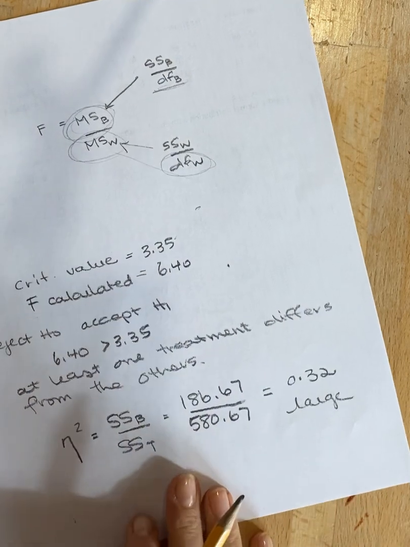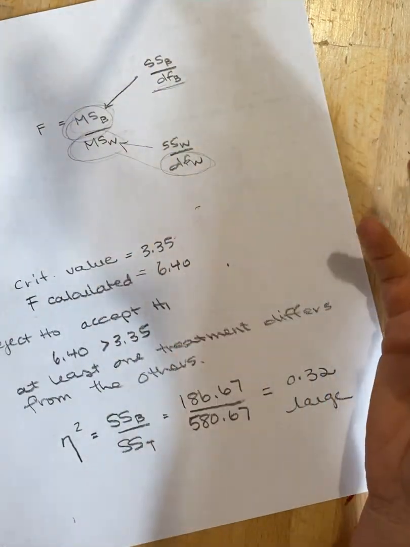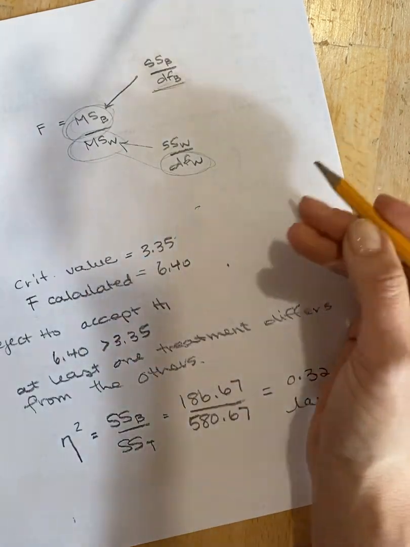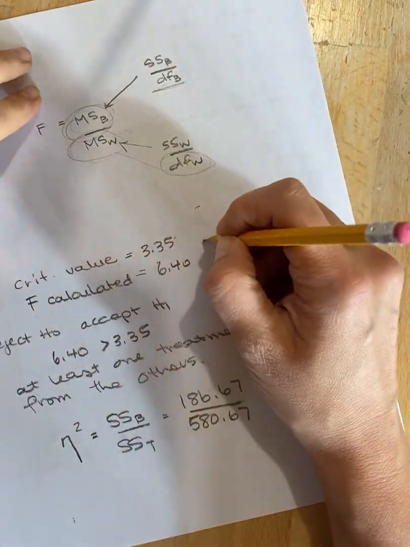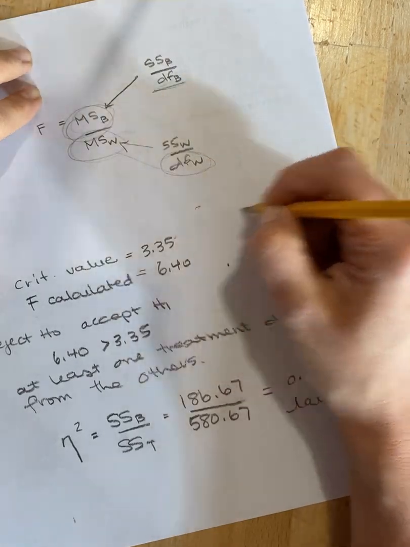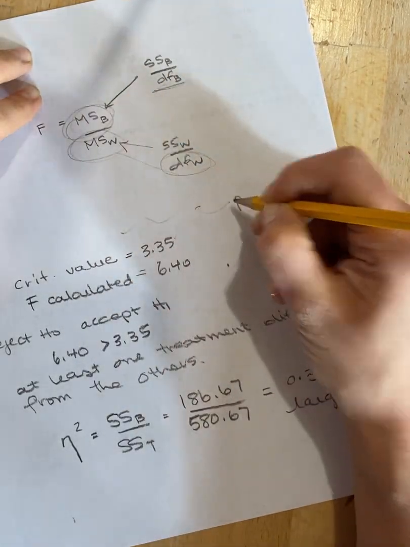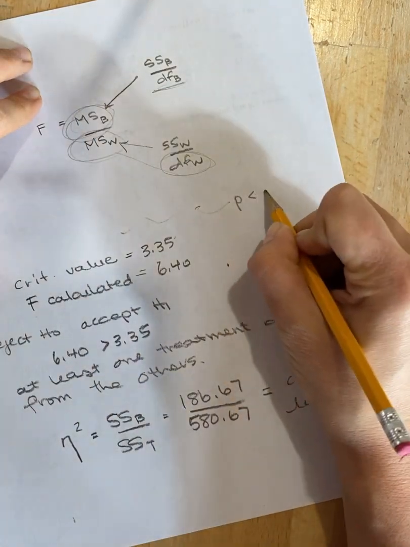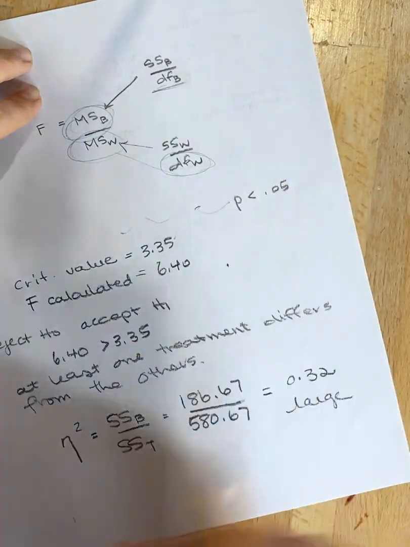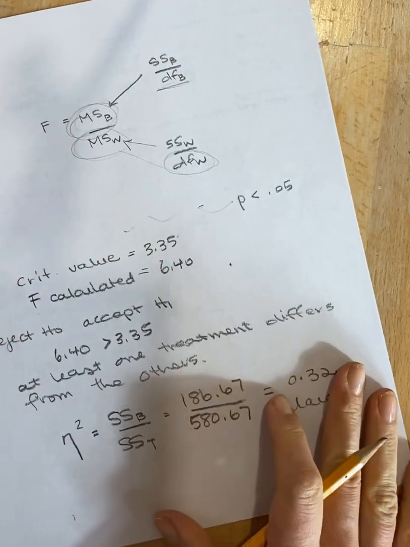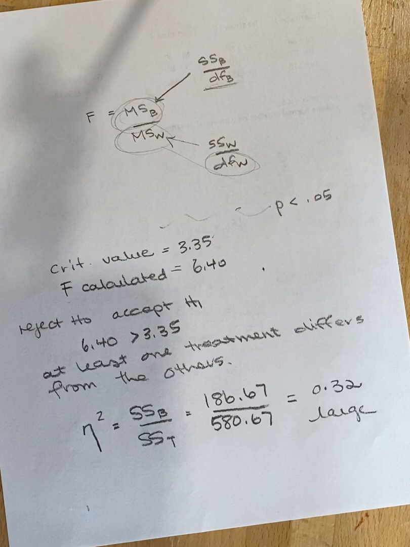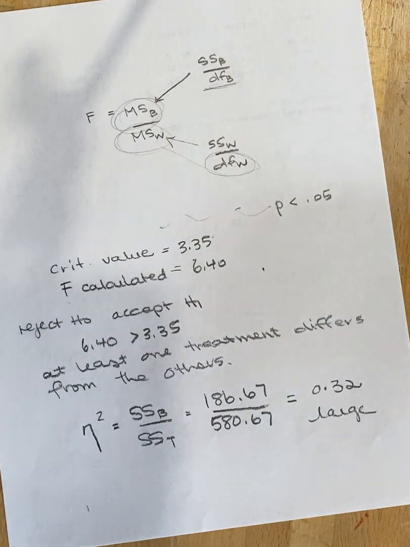The last piece to mention is if you were writing this up in an APA results section, you would have your statistics and you'd have your p, and if it's statistically significant, less than 0.05, or if you had used 0.01 to get your critical value from your table, then that's what you would put in.